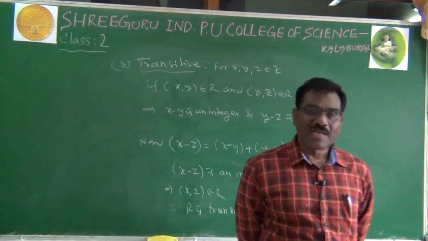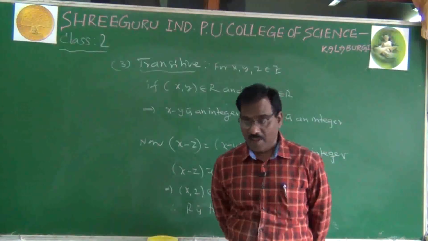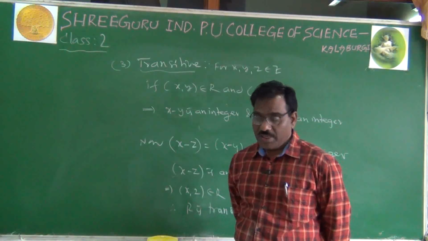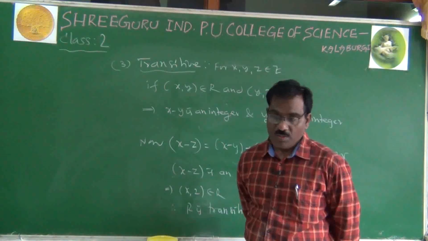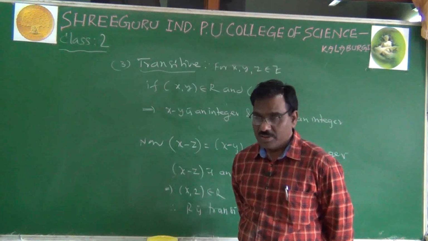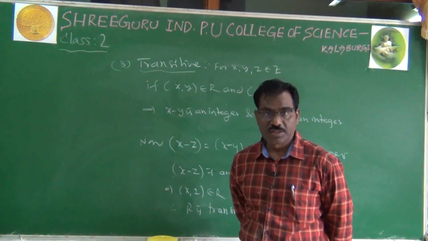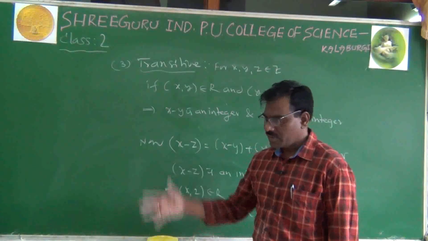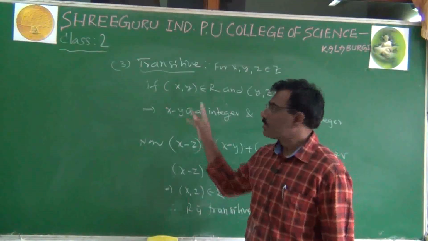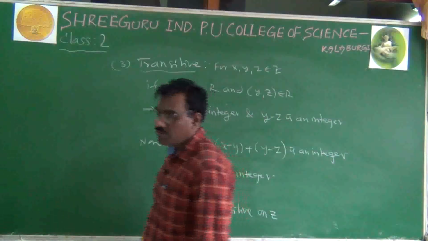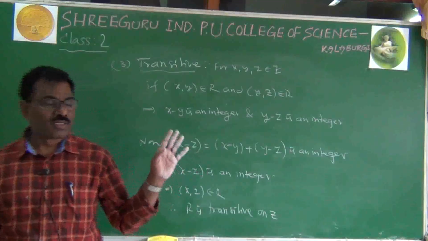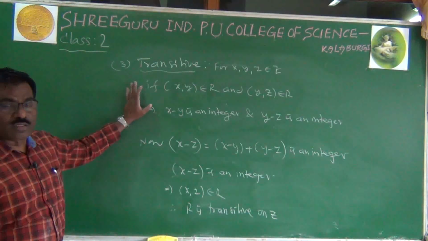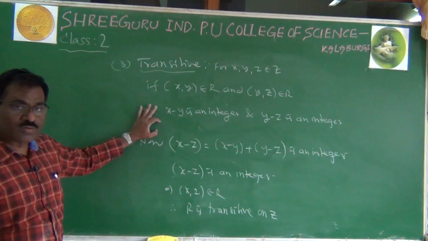This is a standard problem only. In CET, the relation R is defined as R equal to X comma Y such that X minus Y is an integer. 4 options are given. This problem is satisfying all the three. This relation R is reflexive, symmetric, and also transitive.